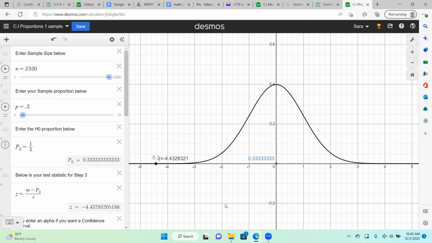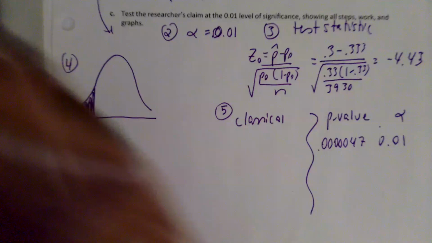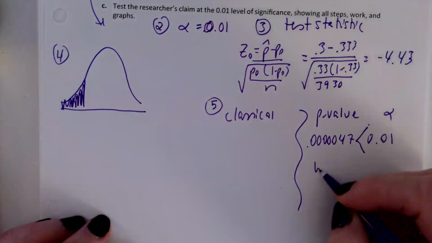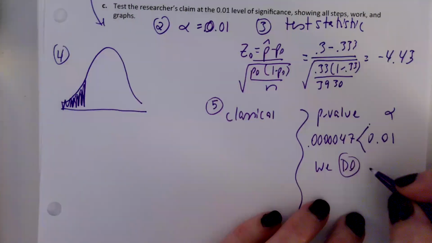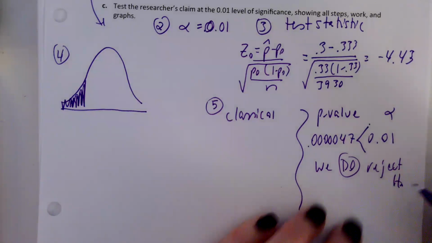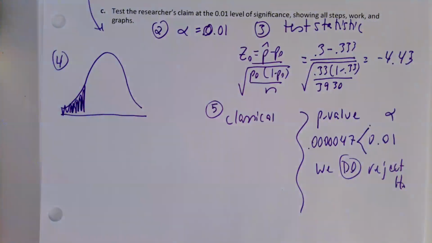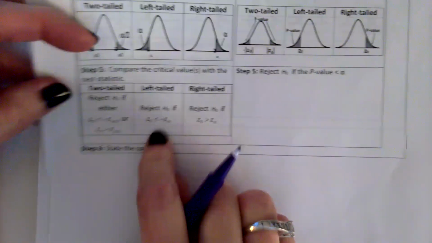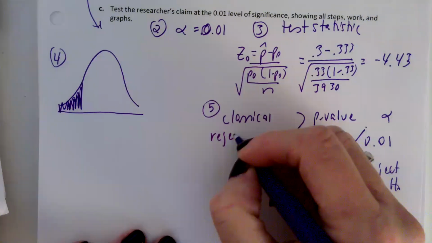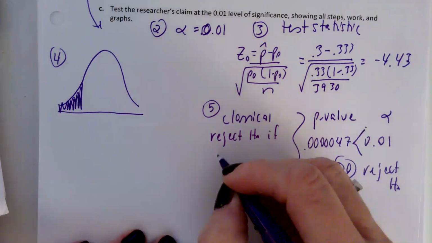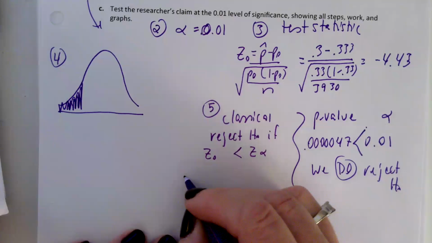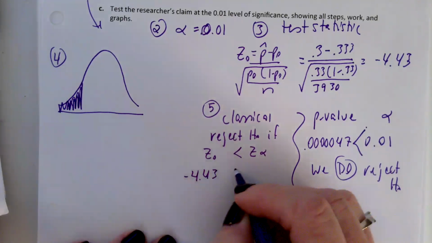Okay, so going back to our paper to finish up our conclusion. The p-value is, yes, very small. So we do reject H0. In the classical method, because it's a less than, a left-tailed test, we would be using this: reject H0 if Z0 is less than Z alpha. And Z0 is a negative 4.43.